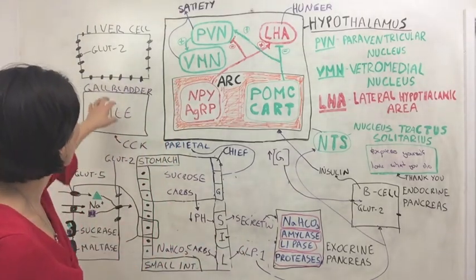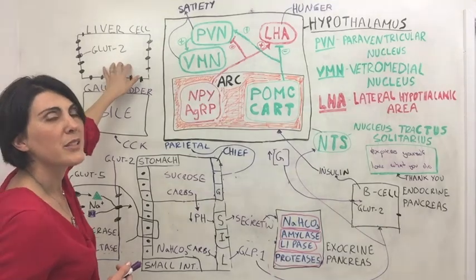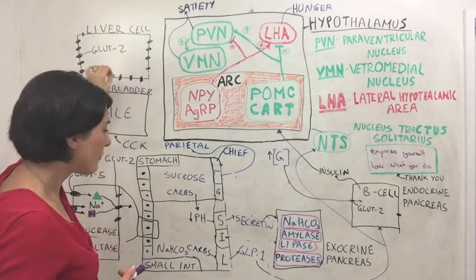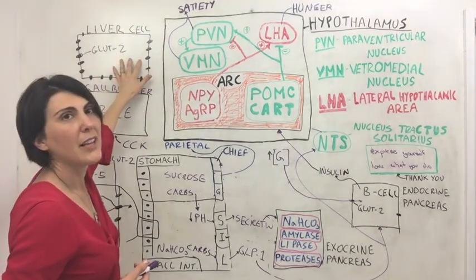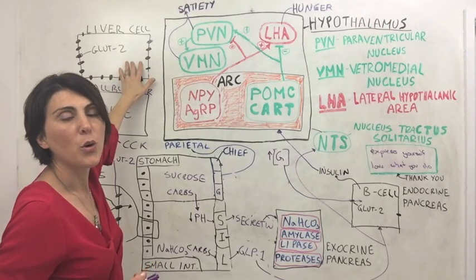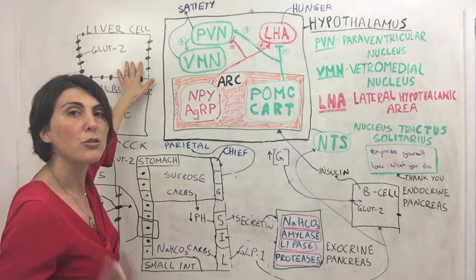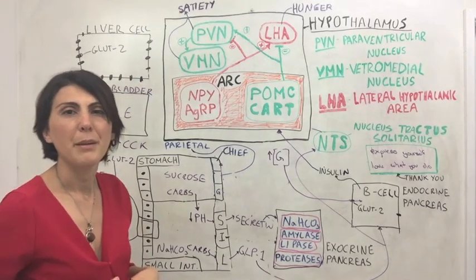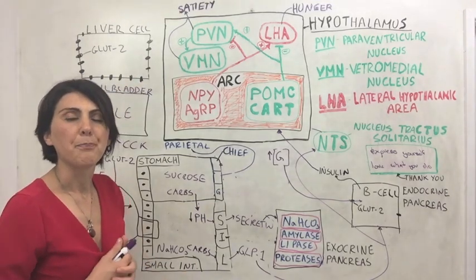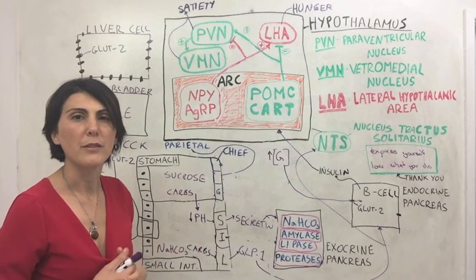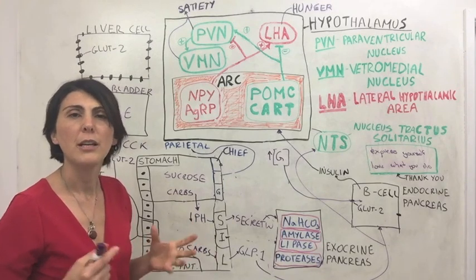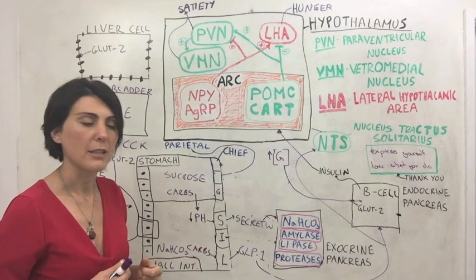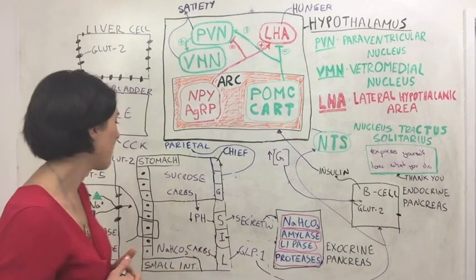Most of the fructose will actually be processed by the liver. If you want to know more about that, look at the video on fructose, should you or shouldn't you, to see the effects and how perhaps fructose might be promoting an increase in triglycerides or fat within the circulation, within the liver and the whole body.